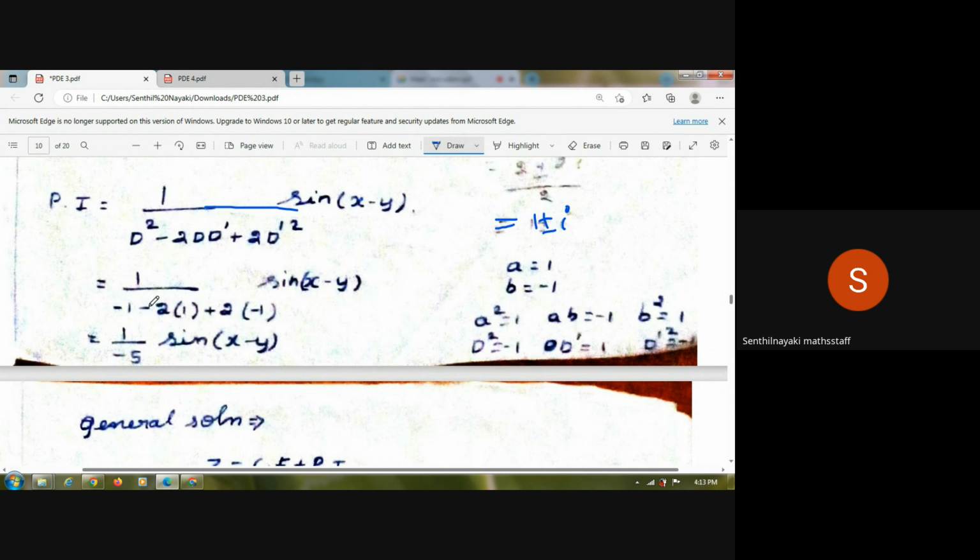So 1 by (minus 1 minus 2 into 1 plus 2 into minus 1). After simplifying, minus 1 minus 2 is minus 3, minus 3 minus 2 is minus 5. So it is 1 by minus 5 sin(x minus y).